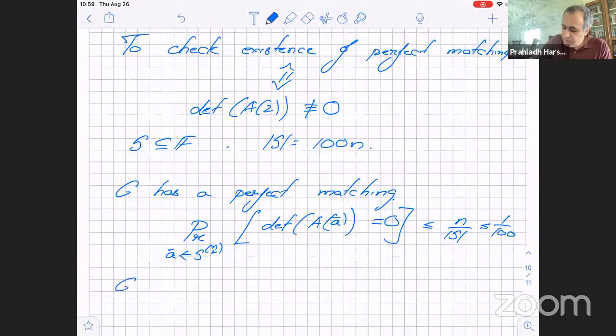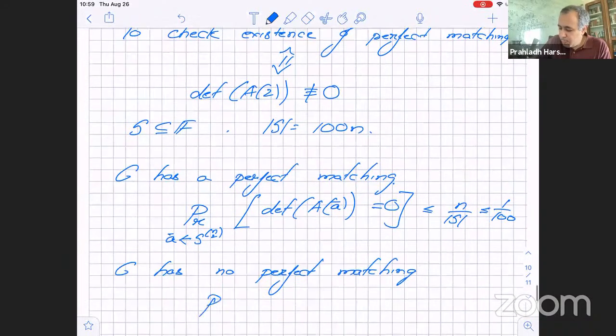Whereas if G has no perfect matching, the same probability is 1.